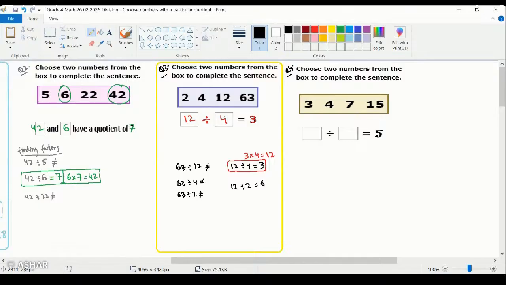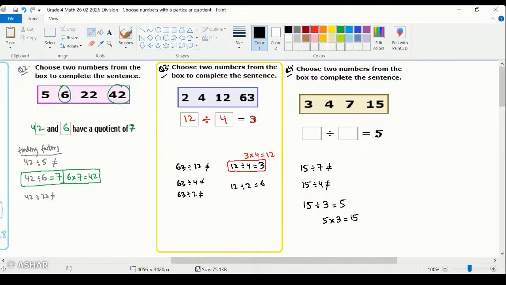We can see that 15 divided by 7 will not have a quotient. 15 divided by 4 will not have a quotient, but 15 divided by 3 would equal 5, because 5 times 3 is 15.